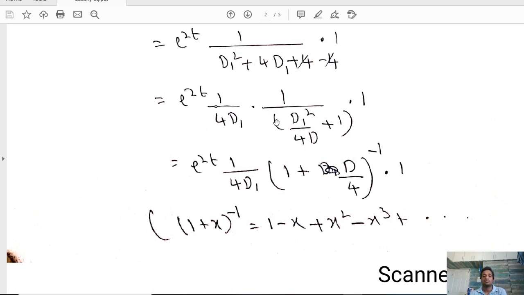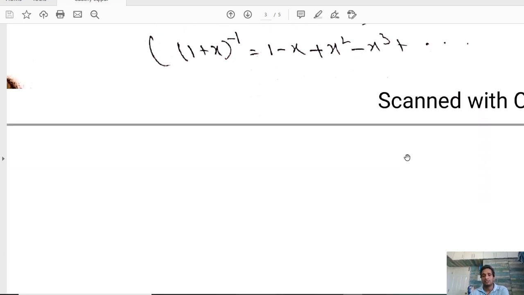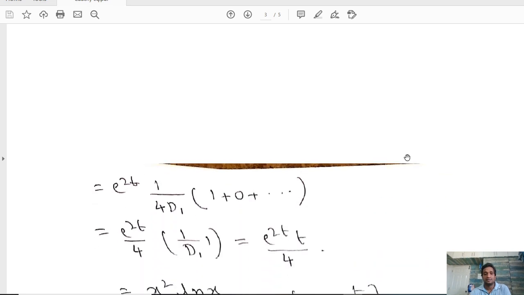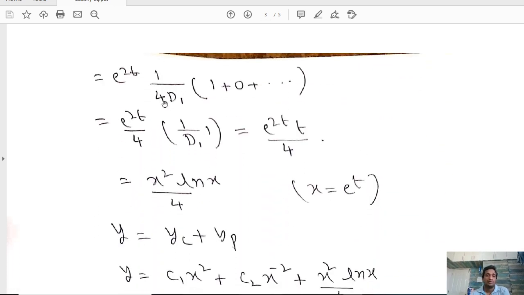We can take common, so D1 square plus 4D1 in e power 2t by 4D1. If I bring this to the numerator, 1 plus D1 by 4 whole power minus 1. If I expand that, e power 2t by 1 plus D1, and here the value is 1.